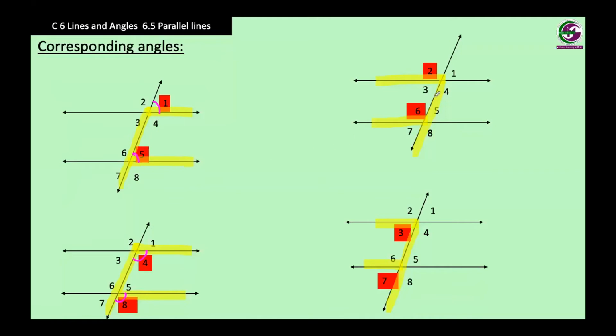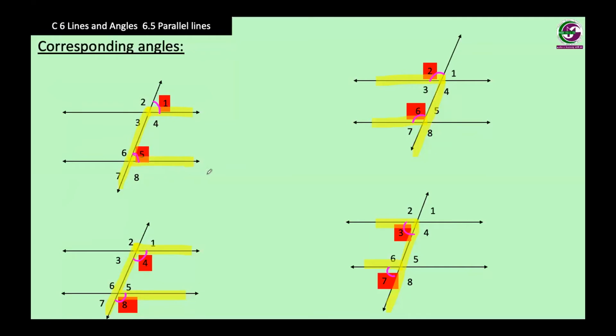Coming to the right side, angle 2 and angle 6 are equal because this is a letter F facing to the left. Above the first line and above the second line are equal, or below the first line and below the second line are also equal. So these are all corresponding angles and they are equal.